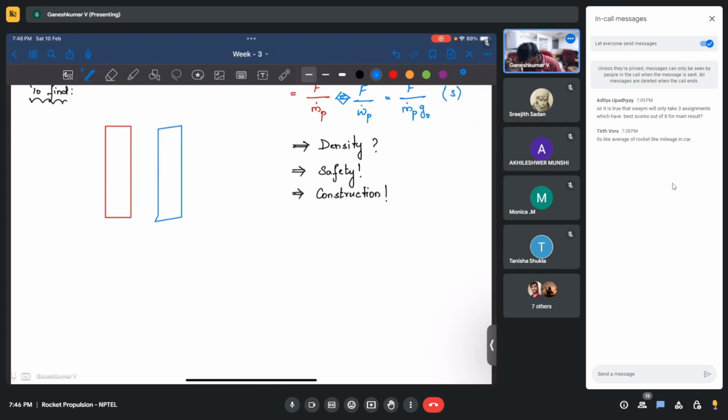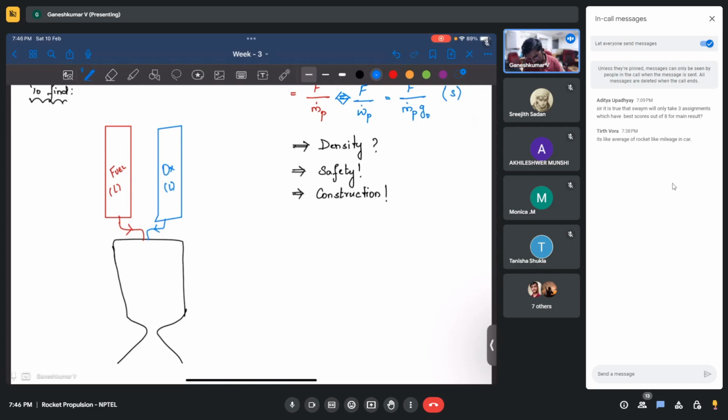So what you have is something like this. From here, what happens? Some liquid is coming from here. Another liquid will come. So what really happens is this will be fuel, which will be in liquid form, and this will be oxidizer, which will also be in liquid form. For example, liquid hydrogen and oxygen.